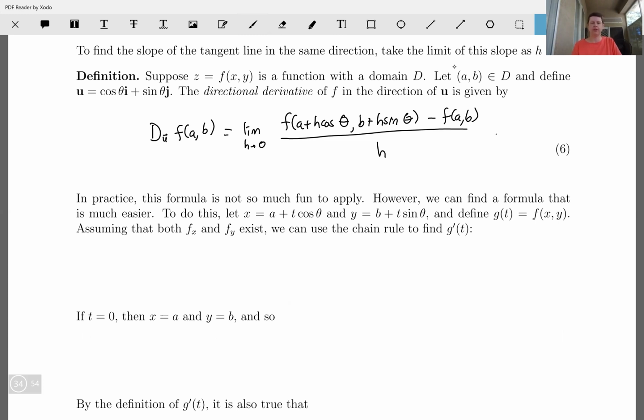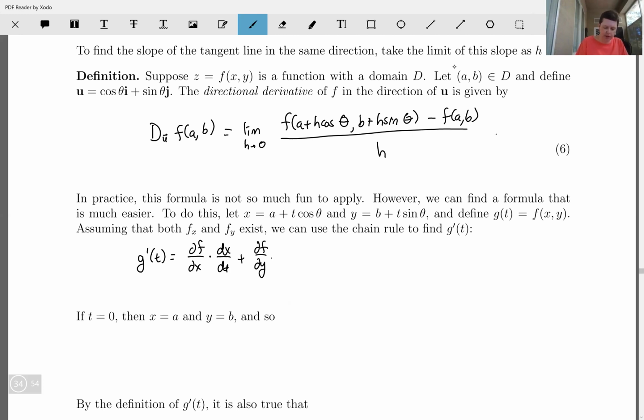Assuming that the partials of f with respect to x and y both exist, we can use the chain rule to find g prime of t as follows. g prime of t is going to be the partial of f with respect to x times dx/dt plus the partial of f with respect to y times dy/dt.